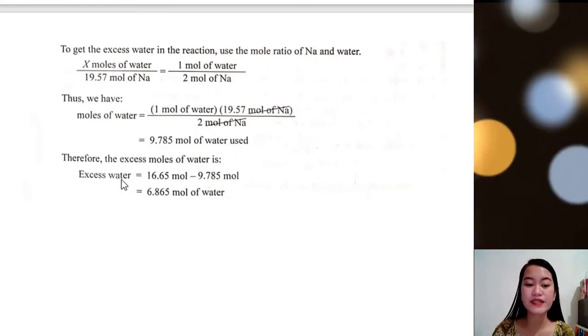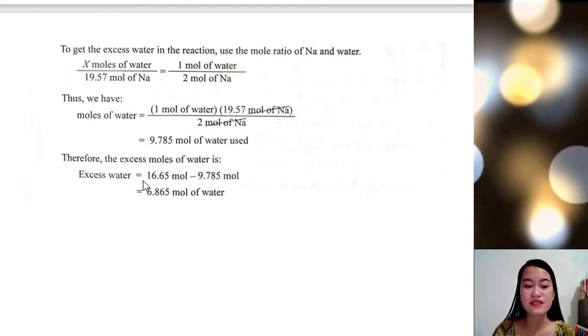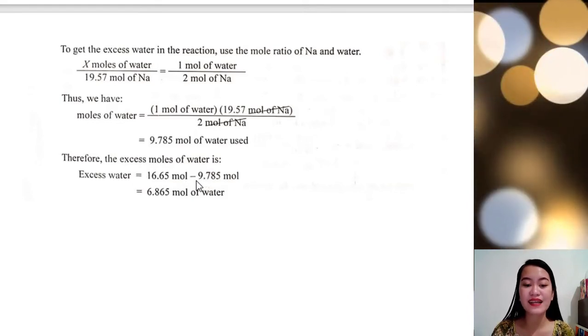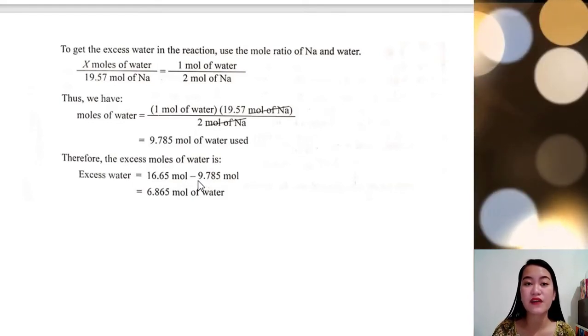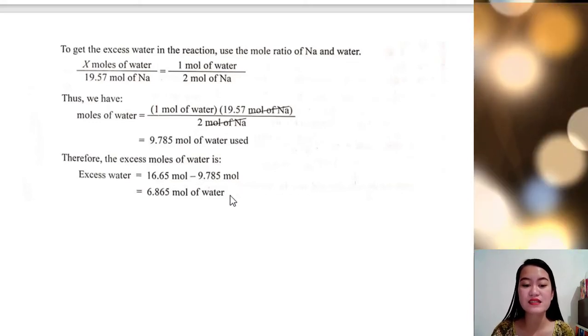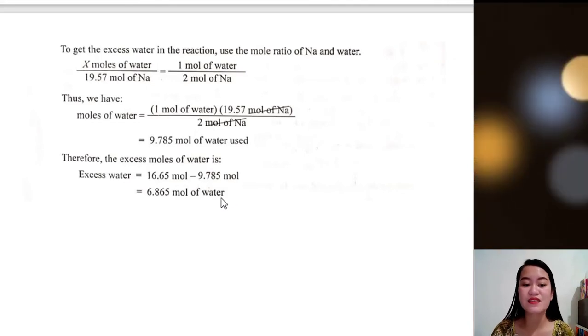Okay, so therefore the excess water is 16.65 minus, okay, subtract lang natin, 9.785 mole. The answer, class, is 6.865 mole of water. So that is the final answer for the excess water.